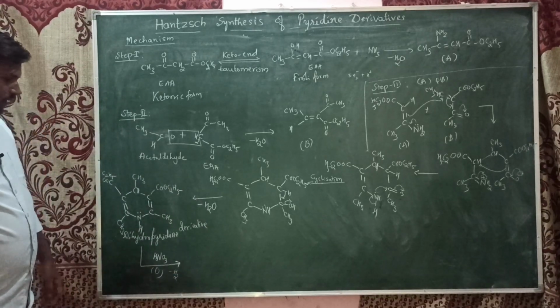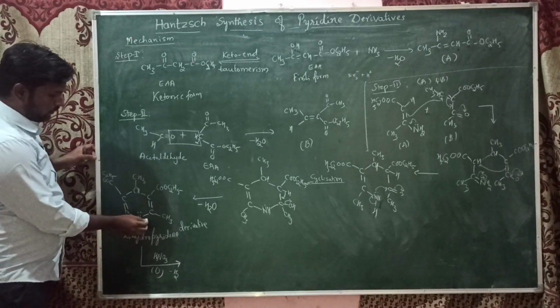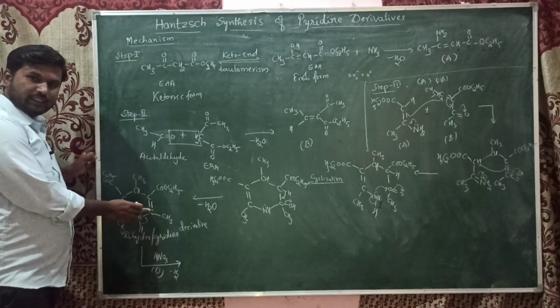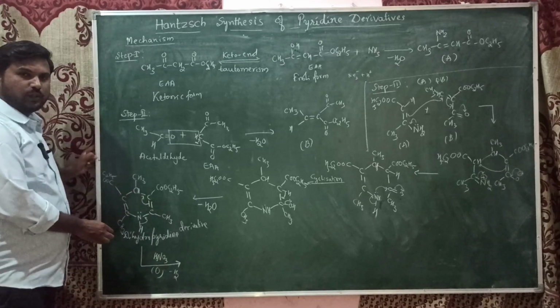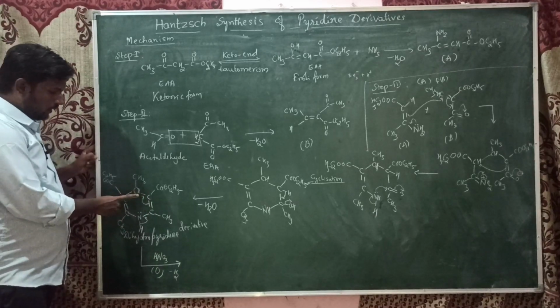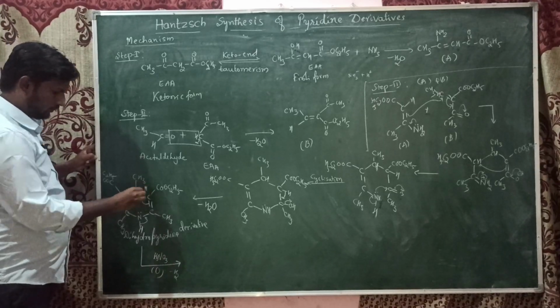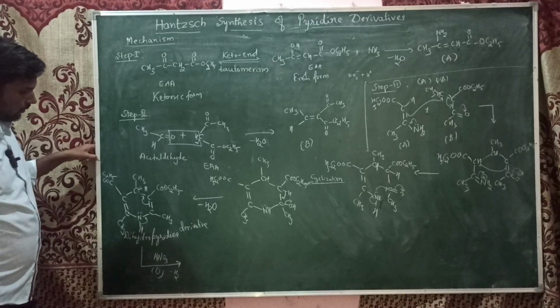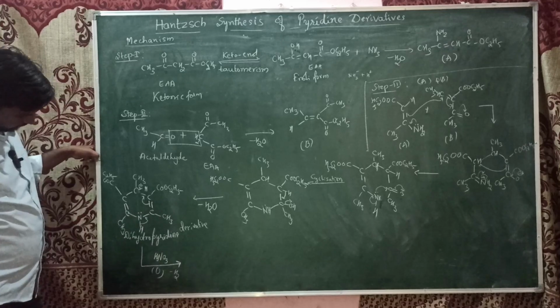Dehydrogenation is also known as oxidation. So now this hydrogen will give its electron, so it becomes a double bond, and the electron density on this carbon increases. That's why these electrons will be given to this bond, and this becomes a double bond. And this hydrogen will be eliminated with these electrons.